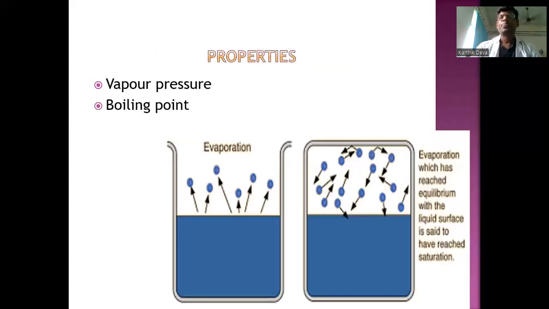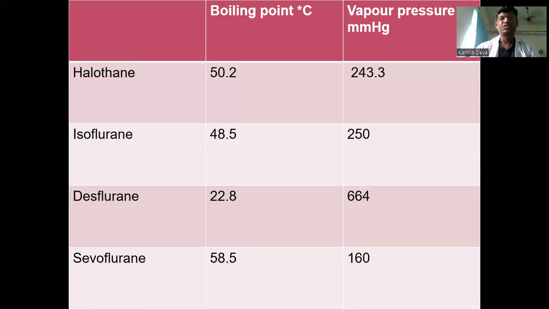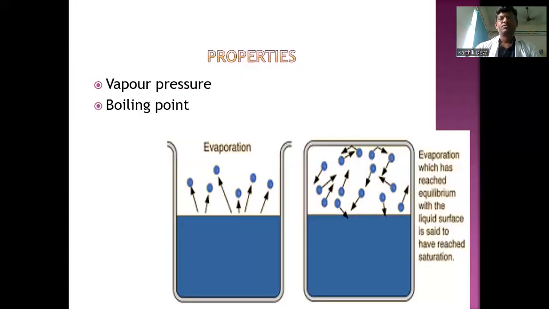Various properties of the inhalational agents: vapor pressure, boiling point, partial pressure, and concentration. Vapor pressure: if volatile liquids reside in a closed container, molecules of the substance will equilibrate between the liquid and gas.